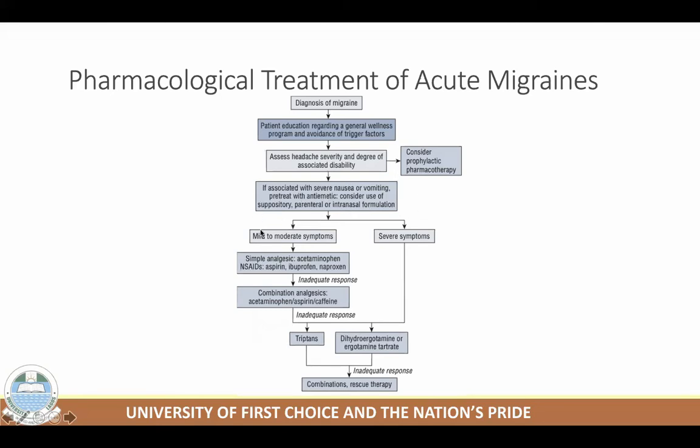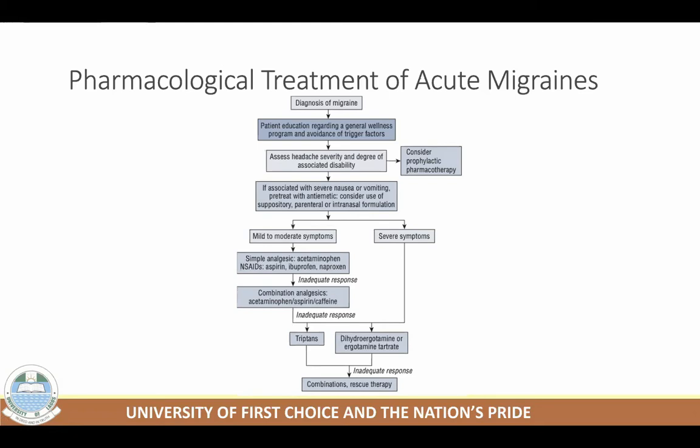These formulations are better used because, of course, if someone is vomiting and you ask them to use an antiemetic, they may actually vomit the antiemetic, and then you're back to square zero, right? So pre-treating with antiemetics has suppository, parenteral or intranasal formulations available for the patient.